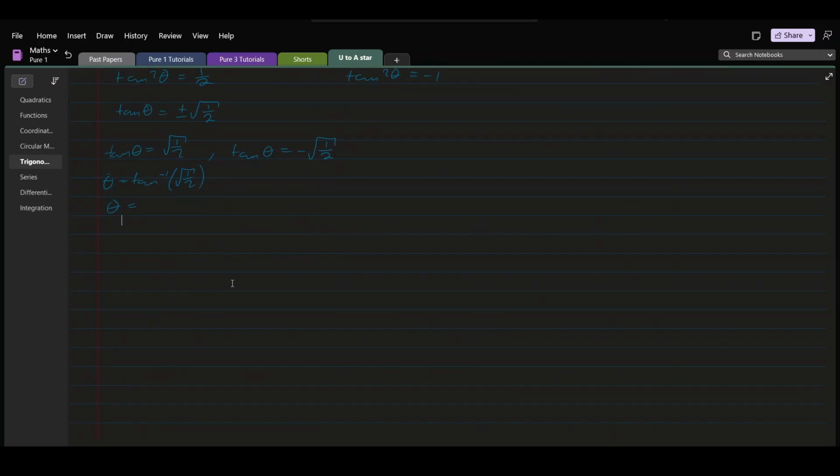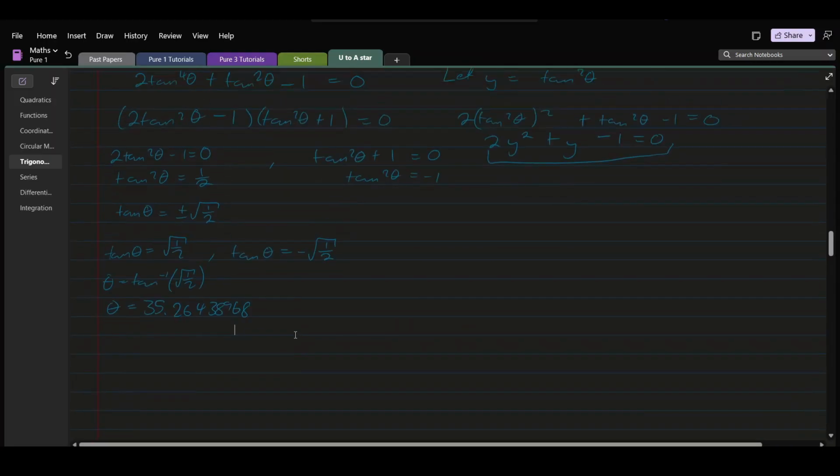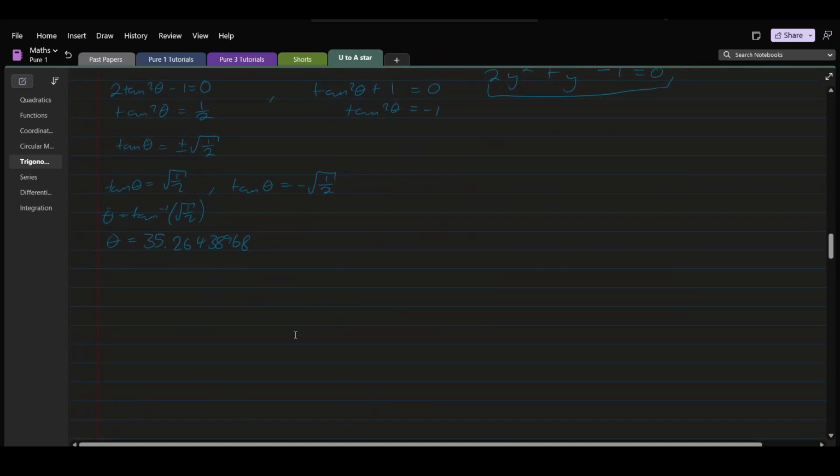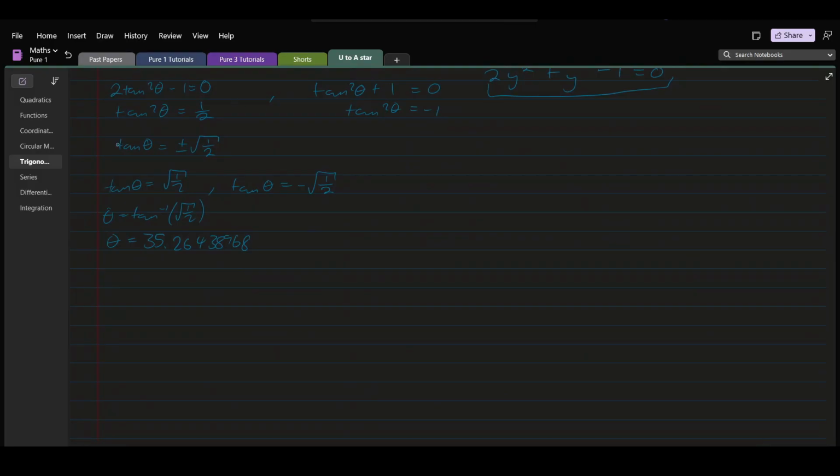Make sure you're in degrees. That is arctan of root 1 over 2. And that gives us 35.2643898. Okay, and what is our interval? From 0 to 180. So this is the only solution for this equation from 0 to 180.